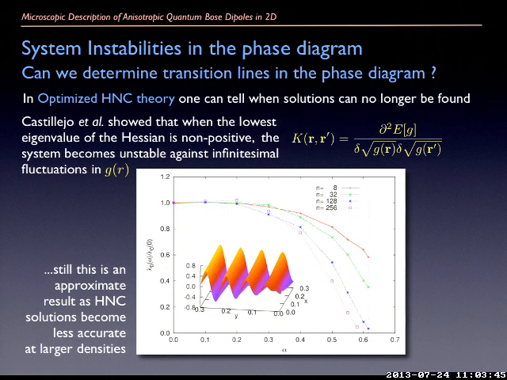So you know that by not including elementary diagrams, things get worse. And if you increase the density and go close to instability, it's getting worse and worse. So that was only an indication that something is happening, only qualitative, not quantitative. Has HNC been able to ever get a solidification density correct?